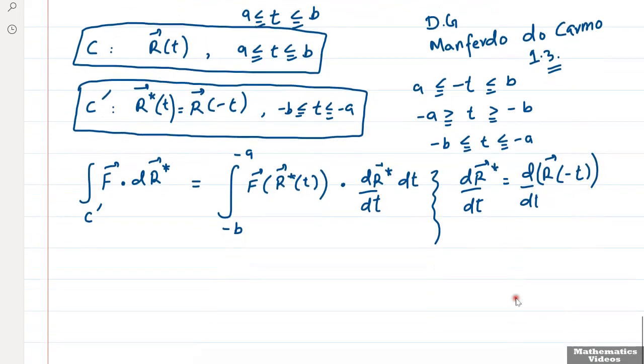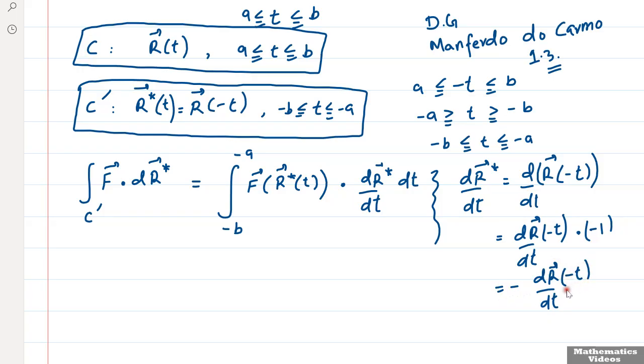Okay, now what is this equal to? This is simply equal to the derivative of r with respect to t evaluated at minus t, and then the derivative of minus t with respect to t, which is equal to minus 1. So this is equal to minus dr by dt evaluated at minus t.